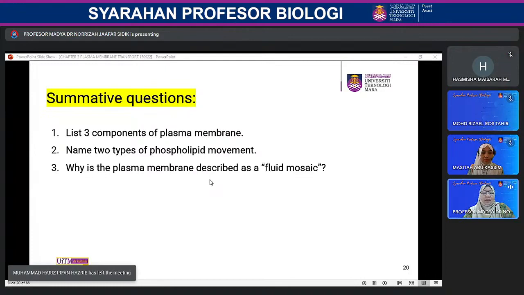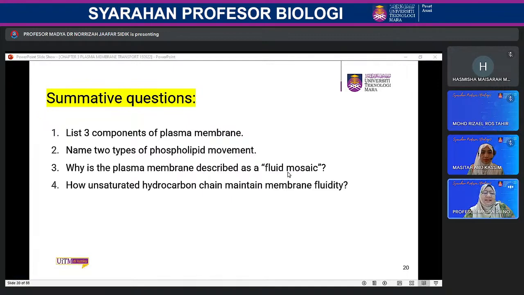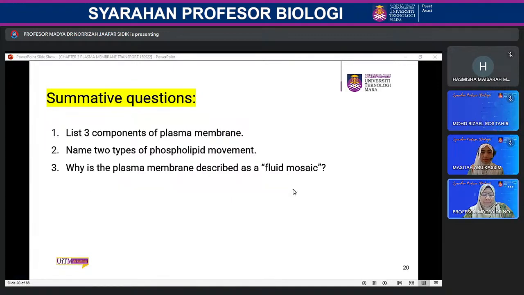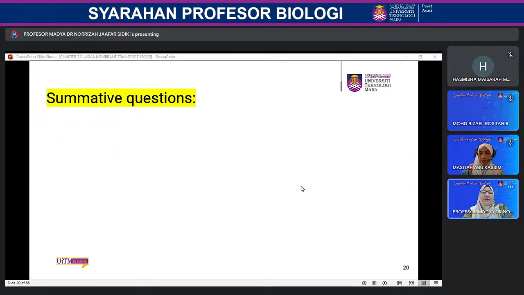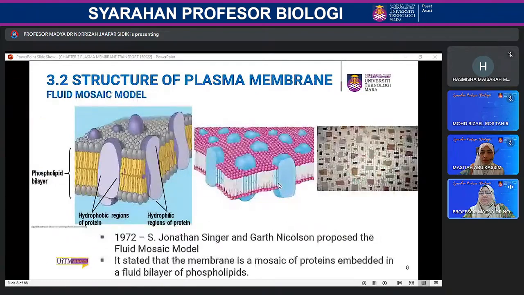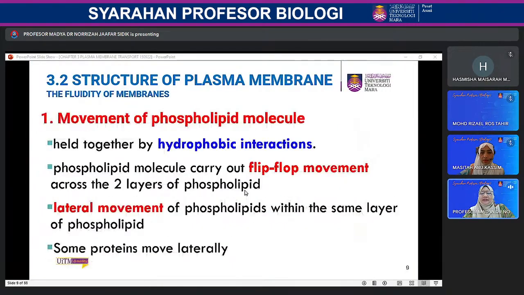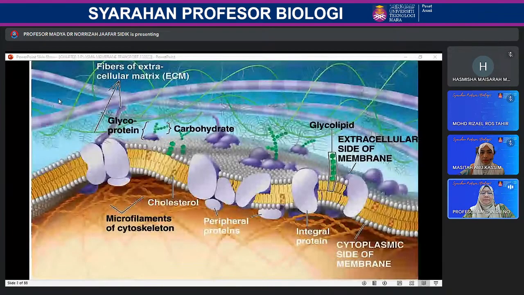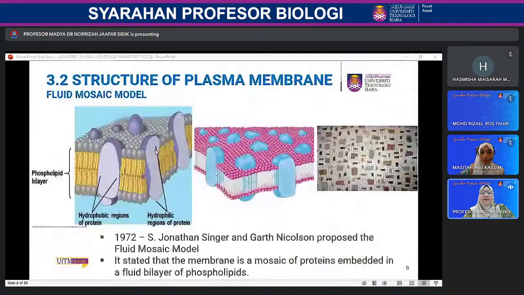Okay, why is the plasma membrane described as a fluid mosaic? Can anyone answer? Fluid mosaic. You remember the fluid? I show back the membrane here. The mosaic, this one. The fluid mosaic model, right?